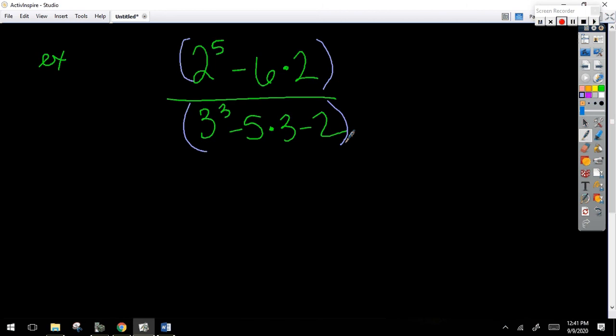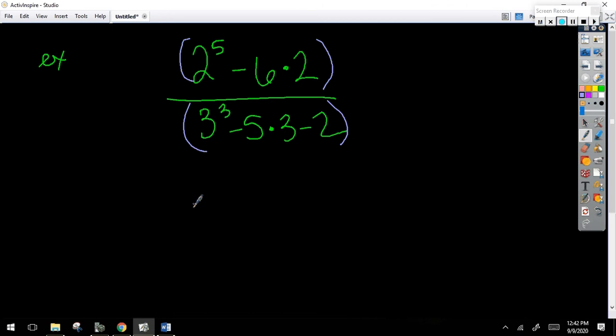All right, so either one, it doesn't matter which one you want to do first. Top. What comes first? Exponents. What's 2 to the 5th? What does that mean? 2 times 2 times 2 times 2 times 2. So 2 times 2 is 4, times 2 is 8, 16, 32.